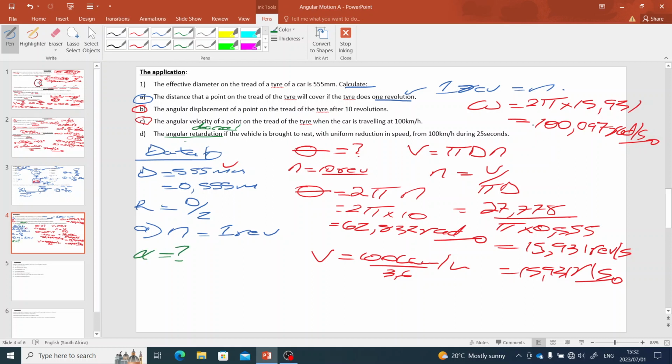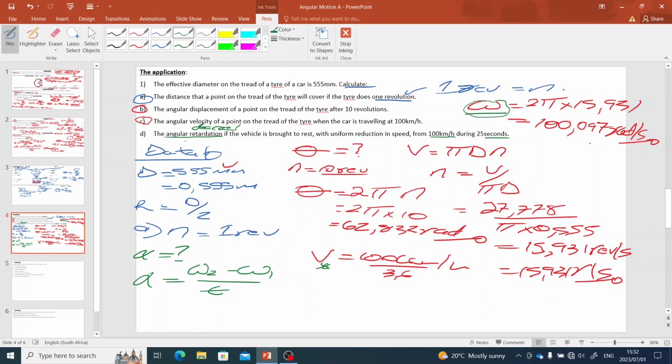We've already calculated our omega there. Now alpha equals omega 2 minus omega 1 divided by time. We are given time as 25 seconds. We have already converted the 100 kilometers per hour into omega. I'm not going to repeat the process.